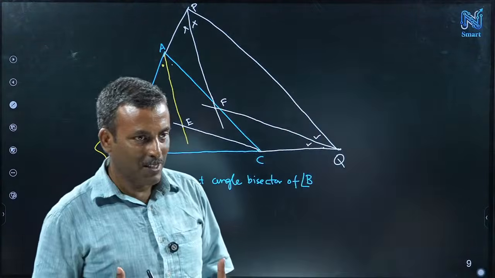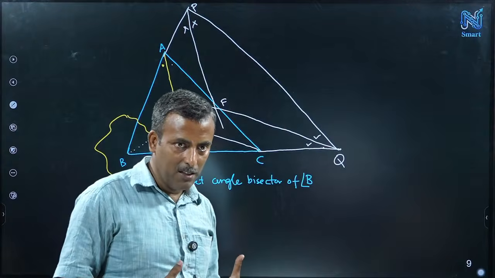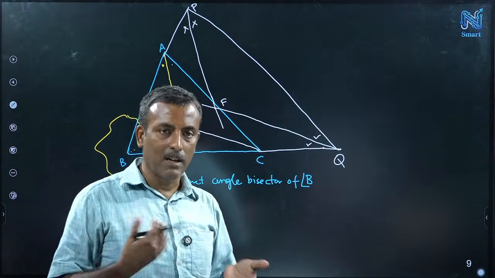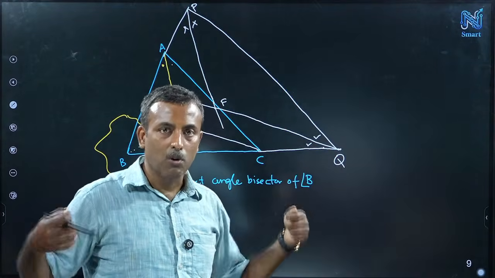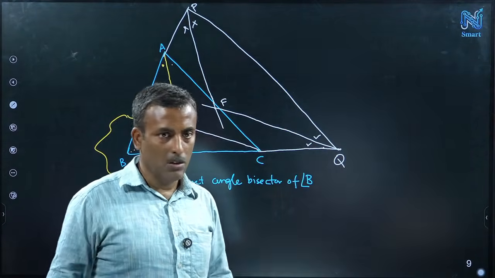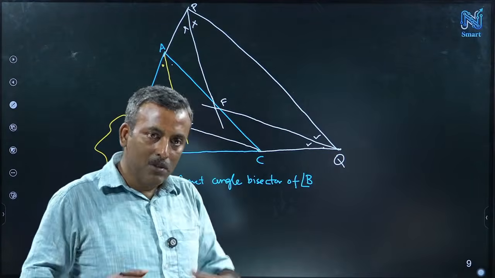So the basic idea is to find some line, say perpendicular bisector or angle bisector. We need actually 2 points. To find a line, we need 2 points, right? So if I get 1 point, the other point you can find in a similar way.